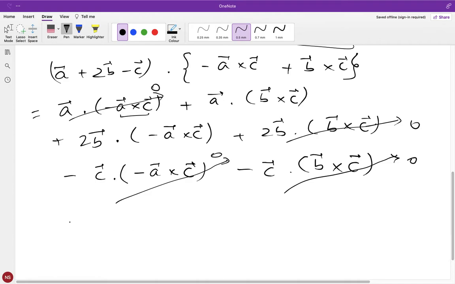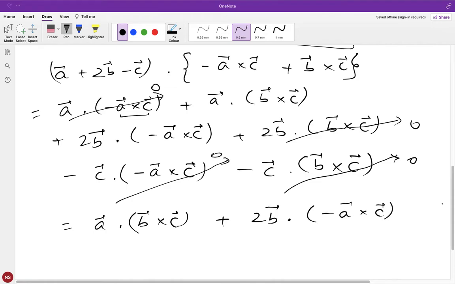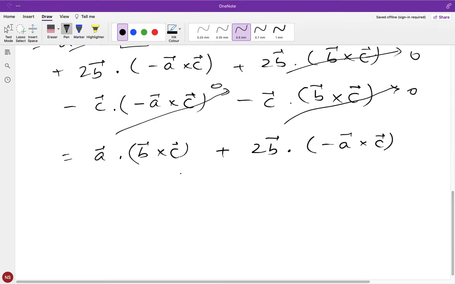So what is left? A dot B cross C plus 2B dot minus A cross C. Okay, and I can write this as 2B dot C cross A, right?